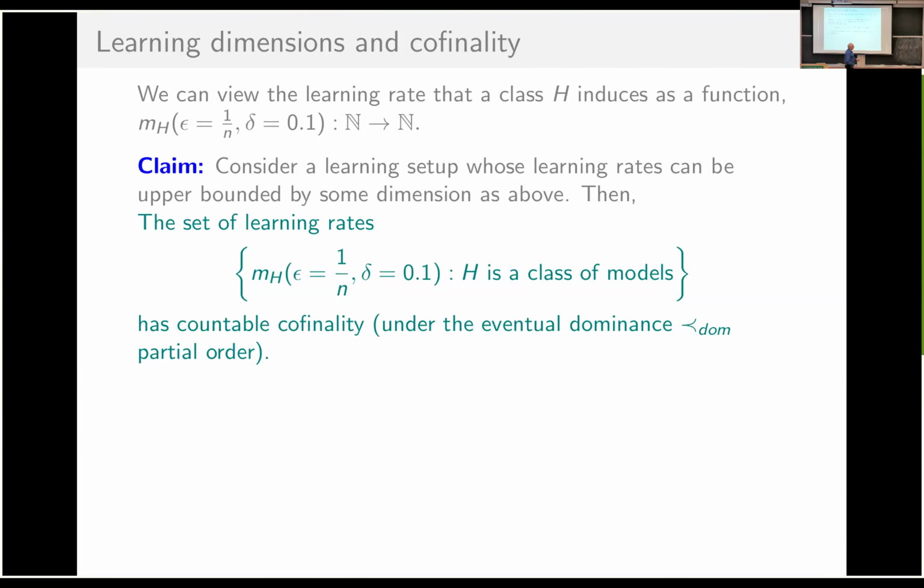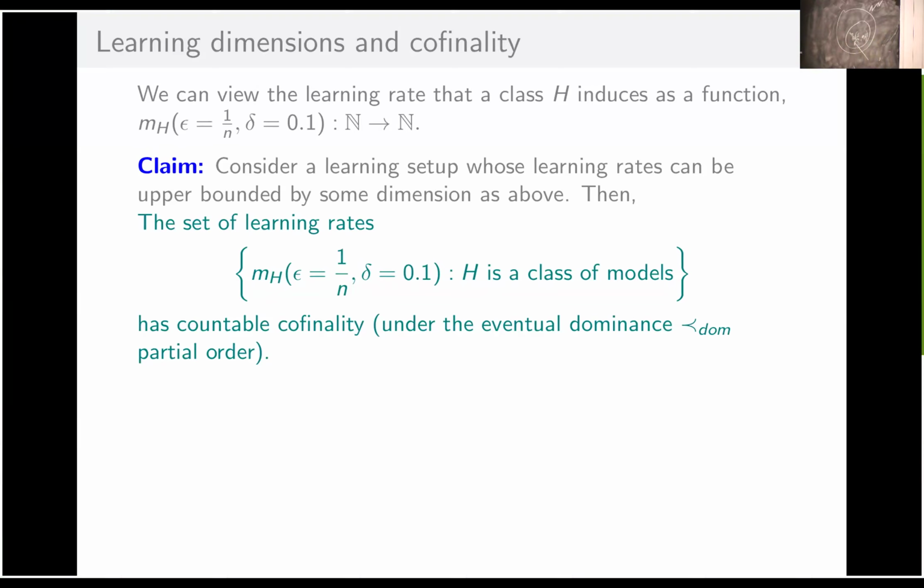So we have this big set, which is all the functions from n to the n. And we have the smaller set of all the functions that can be written as M_Q of 1 over n, 0.1 for any Q. Those functions will have countable cofinality if I had a dimension.